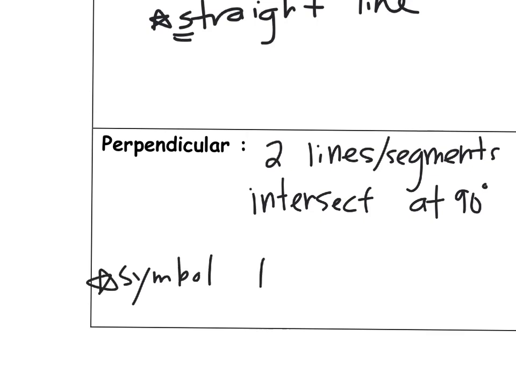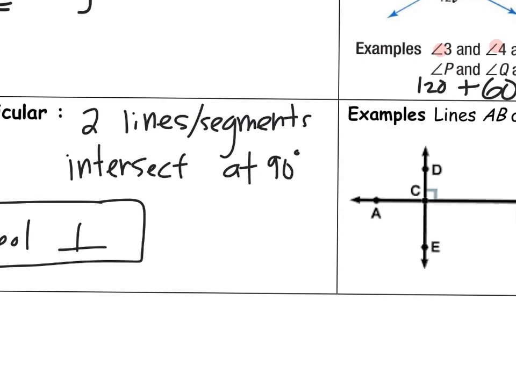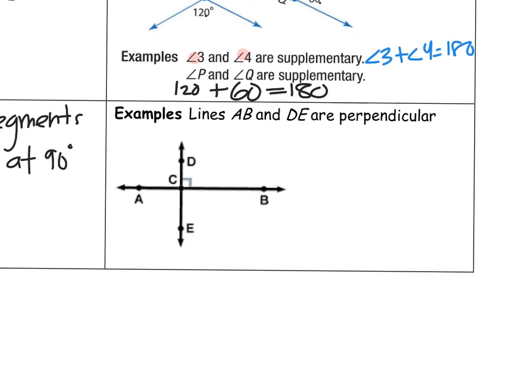It's this, it's like an upside down T. So that's really important. You will see that symbol. All right. So example, this says lines A and B. That's this line. And line DE. So AB, DE are perpendicular. That symbol right there is the little right angle box.